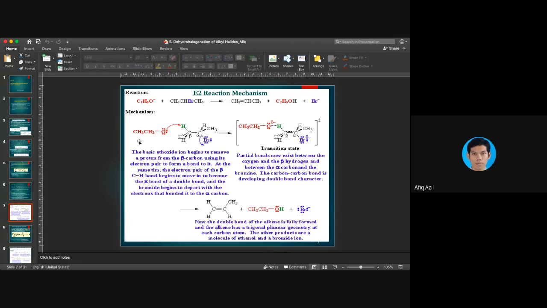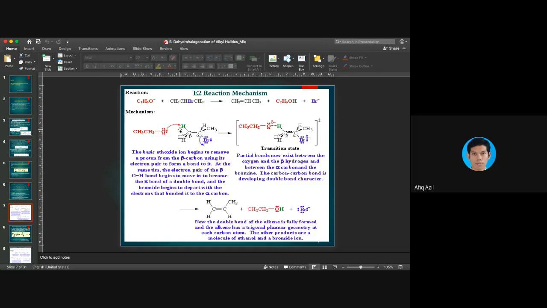Okay. So this ethoxide ion comes in and attacks this hydrogen. So basically kat sini ada 3 hydrogens. Okay. But why choose this one? Actually, these 3 are the same, because this is CH3, the environment is the same. So if you attack this hydrogen, you will still get the same product.